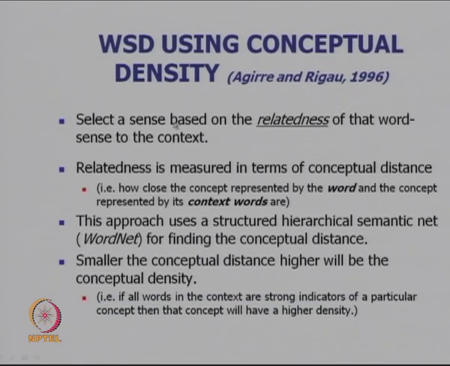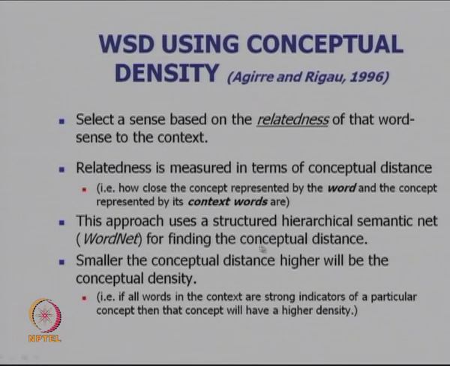So, this conceptual density idea was proposed by Aguirre and Rigau. Here the idea is to select a sense based on the relatedness of that word sense to the context, and relatedness is measured in terms of a technical term called conceptual distance. So, this represents how close the concept represented by the word and the concept represented by its context words are.